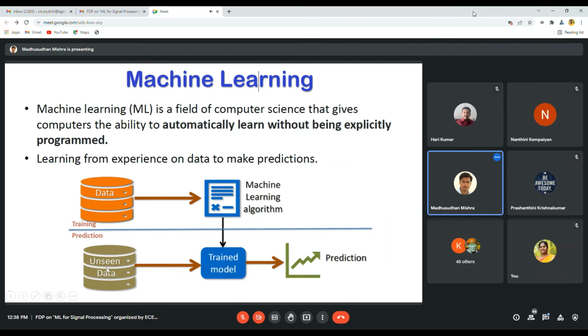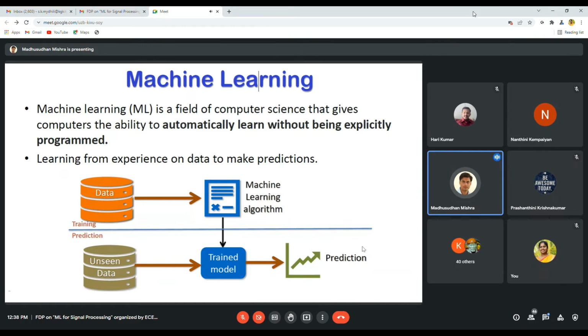Now say we provide unseen data, say some abnormal signal. This abnormal signal will be compared with the normal as well as abnormal models. Then if it is trained well and the algorithm is right, it will match with the abnormal and say that it is abnormal. So this is how machine learning works.